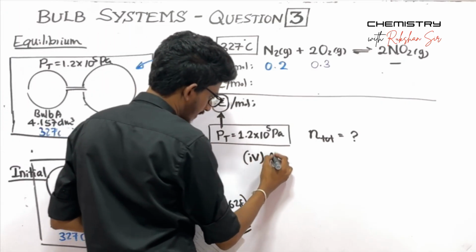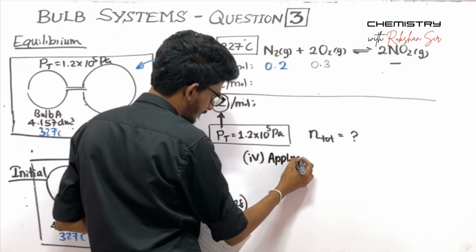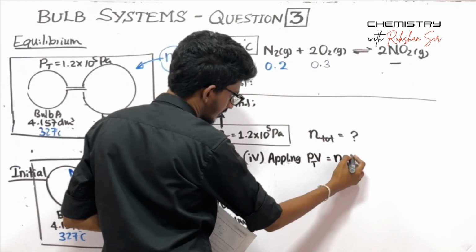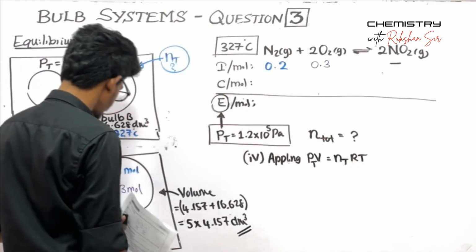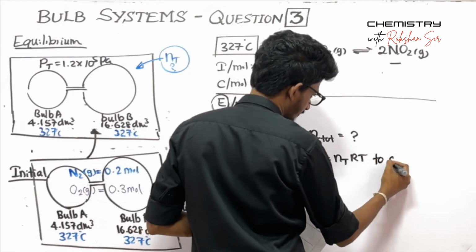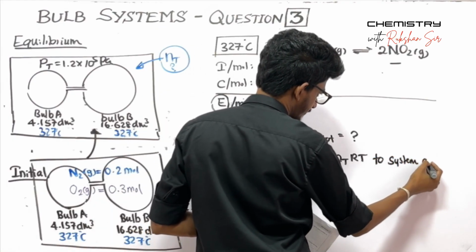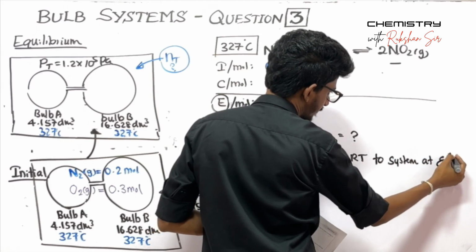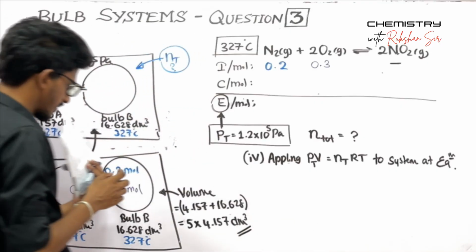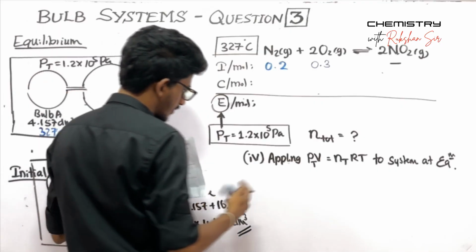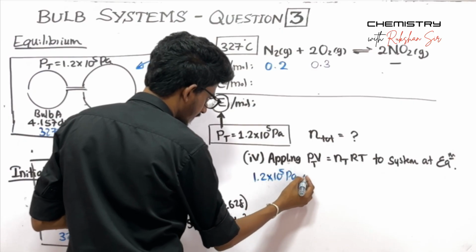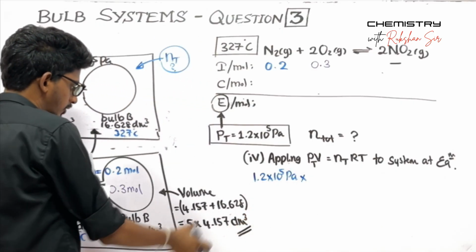So applying P total V equals N total RT to the system at equilibrium, right? So total pressure is actually 1.2 into 10 to the power 5 pascals. V is the total volume here, right?